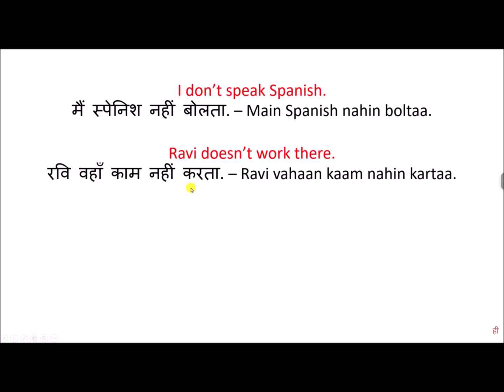Okay, I will explain about verbs in detail in future. Let me not explain everything now and confuse you. So when the verb is of two words, we place nahi between the two words. Okay, so here work is काम कर, and between काम and kar we place nahi.